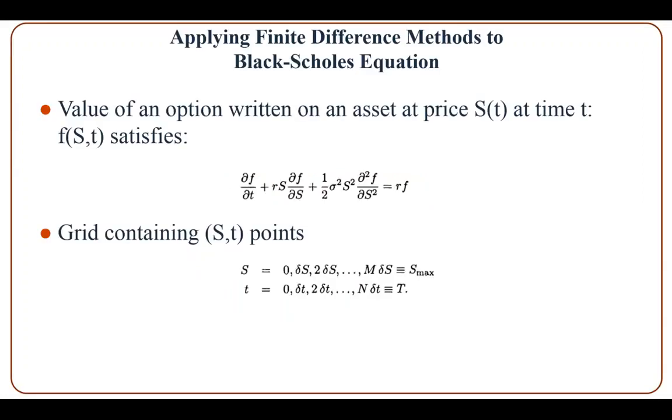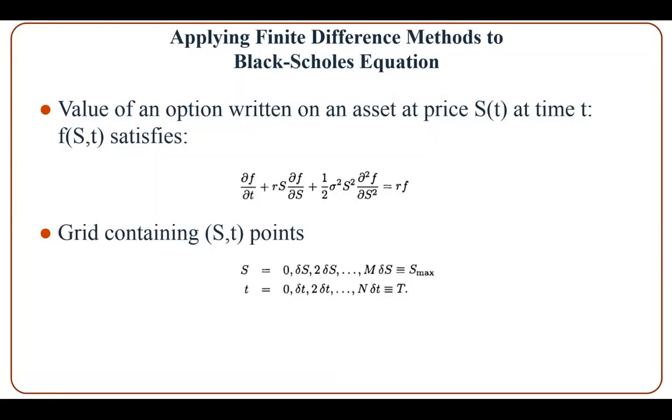The value of an option written on an asset at the price S at time t satisfies the partial differential equation. In order to solve a PDE by finite difference methods, we need to set up a discrete grid.